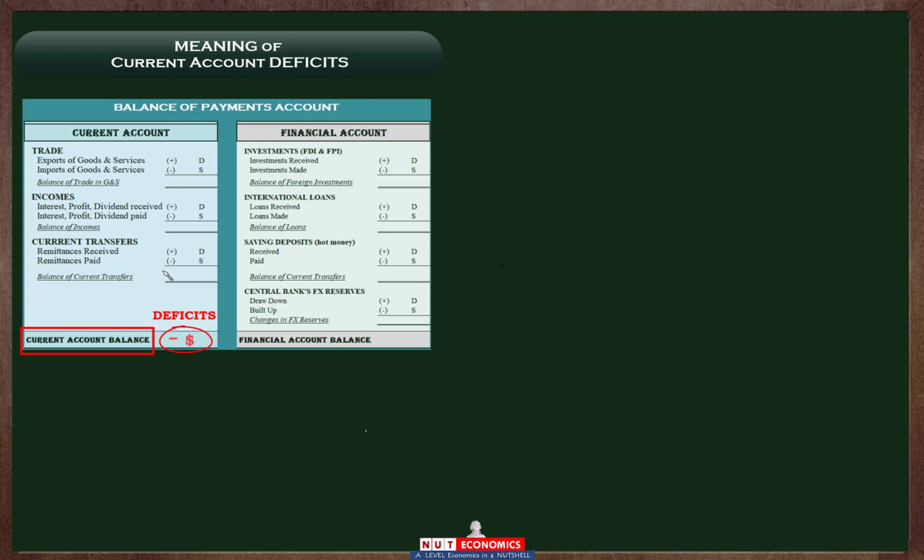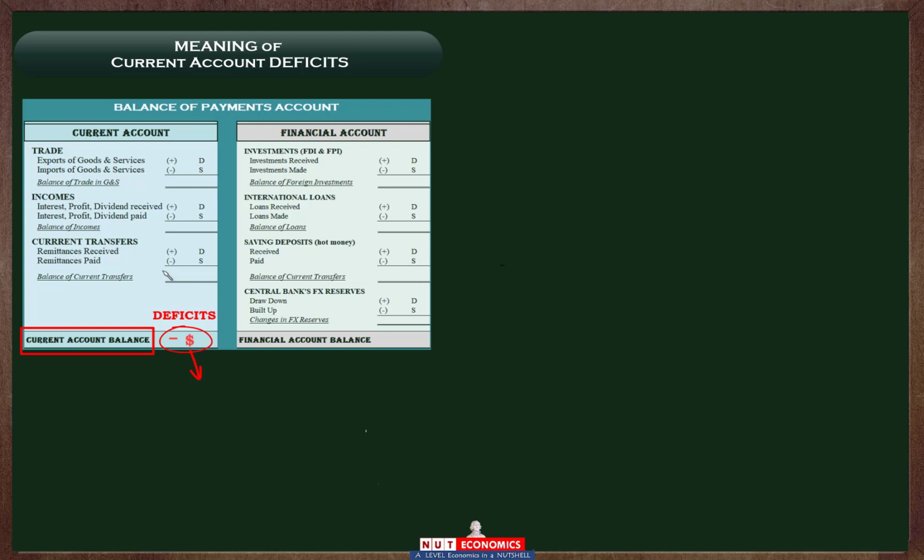Now, the way economists explain what this current account deficit means for a country, or what it tells us about a country, is very interesting and very to the point.